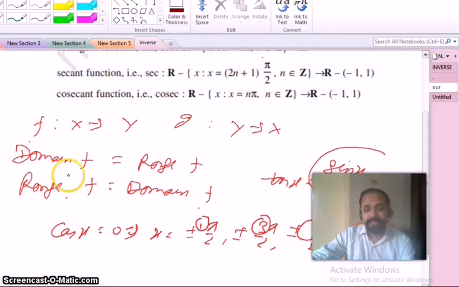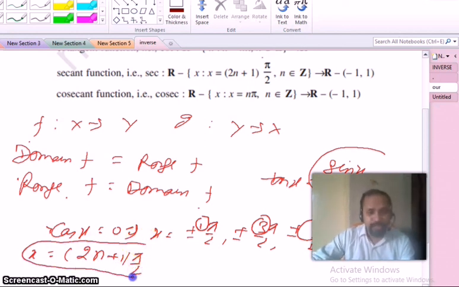That means cos theta is 0 if x equals odd multiples of pi by 2, that means 2n plus 1 pi by 2. That means tan theta is not defined at x equals 2n plus 1 pi by 2.